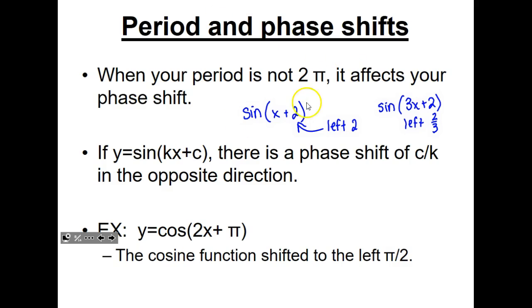And really right here, you could do the same thing. You're doing 2 divided by the 1 that's right here. It still equals 2, right? Divided by 1.